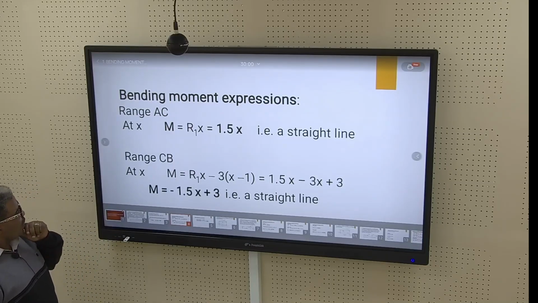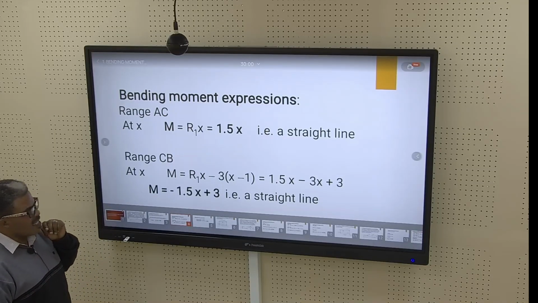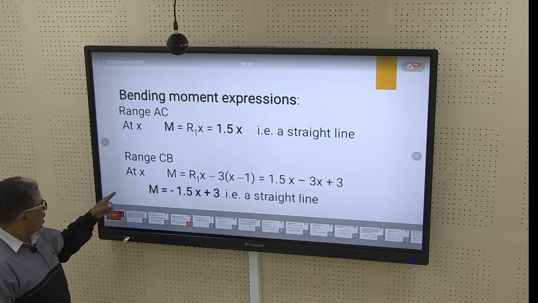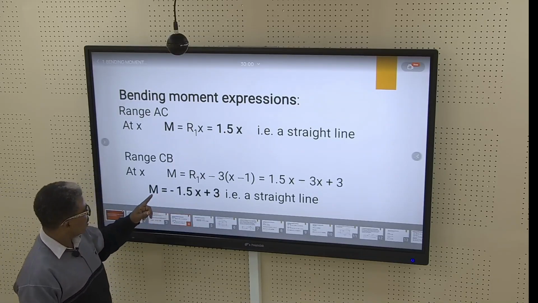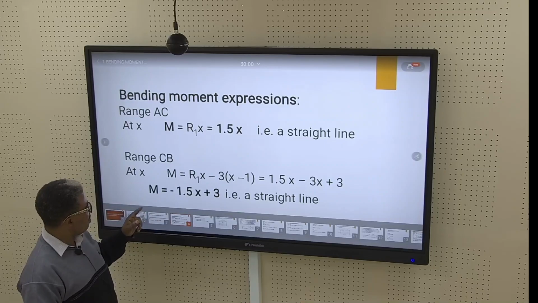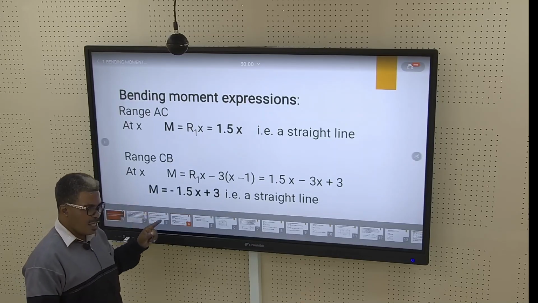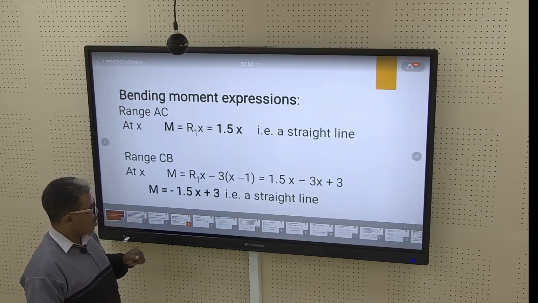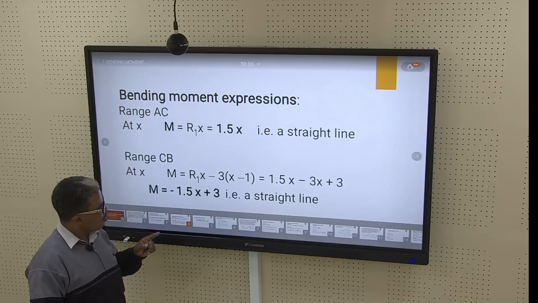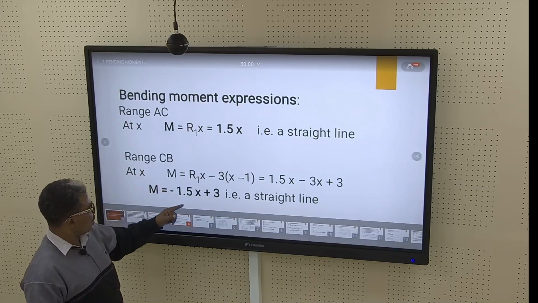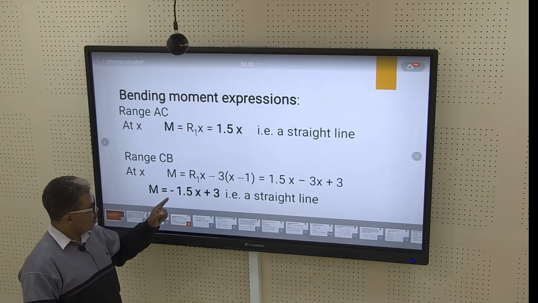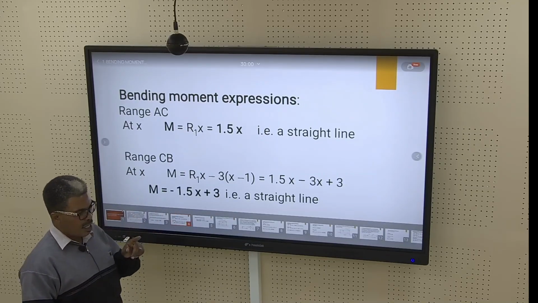Let's check the range of CB. In between, there is X. For the moment there, we start with the bending moment R1 times X. You have to subtract the part for the range of CB, which is the total, 3, but the distance should be X minus 1.